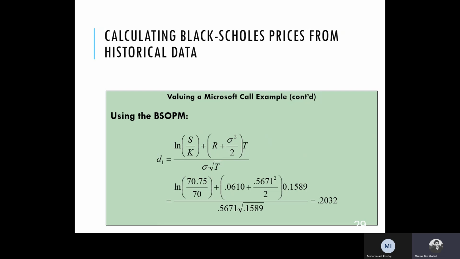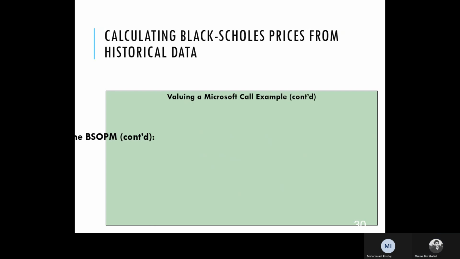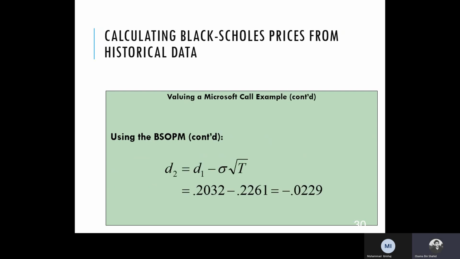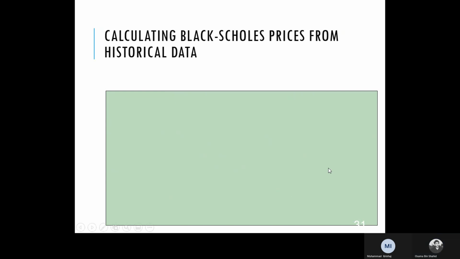Now using the Black-Scholes, we will first calculate d1. As we all know, the stock price is 70.75 and the strike price is 70. We put them in the formula. We can also use Excel for this, or a financial calculator, to calculate d1. After calculating d1, we will calculate d2 from a simple formula, and d2 comes to minus 0.029.